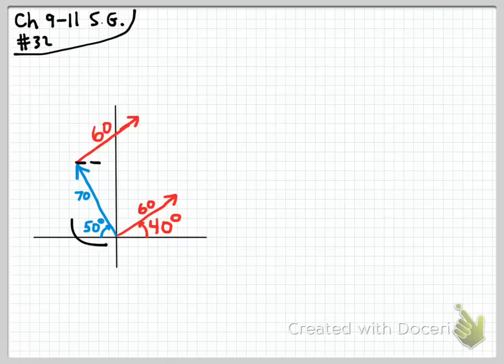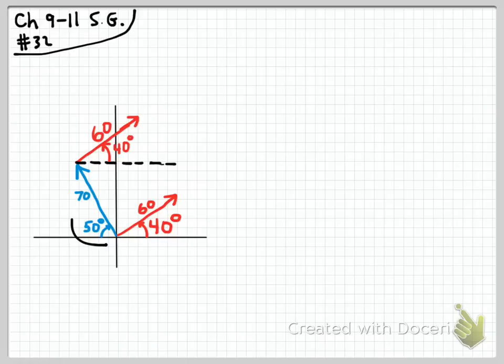Okay, and just to help us figure out angle measures, we're going to draw a little guideline right there. That's just a dotted line, horizontal, parallel to the x-axis, that helps us to see that this angle here is the same angle right here. This angle is the same angle as the one below. That's a 40-degree angle.